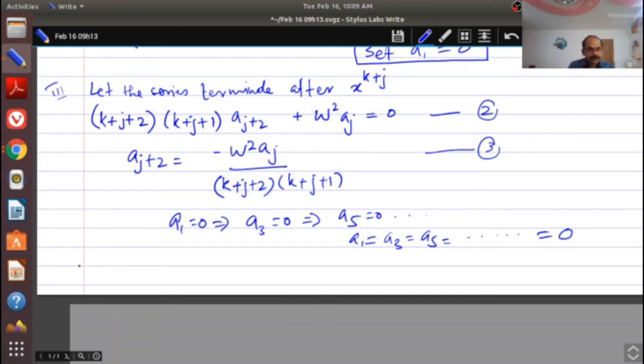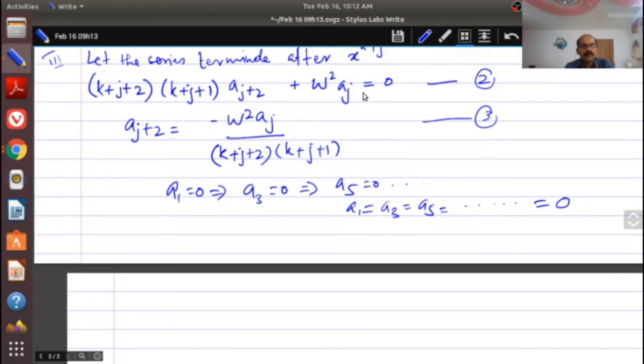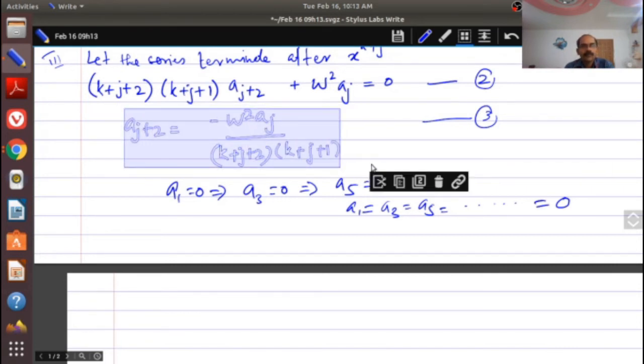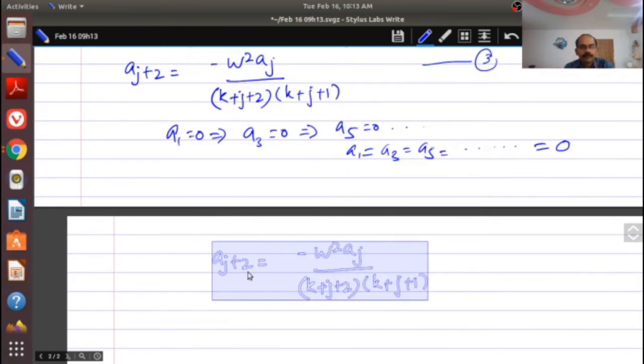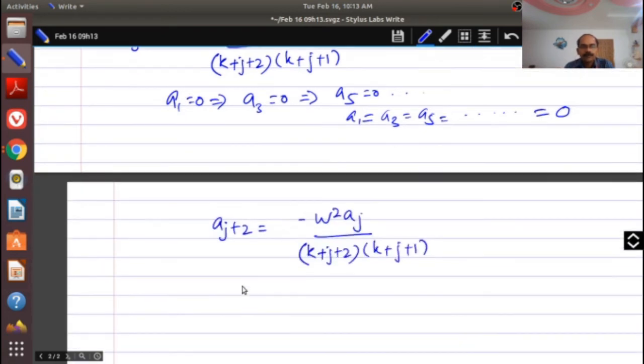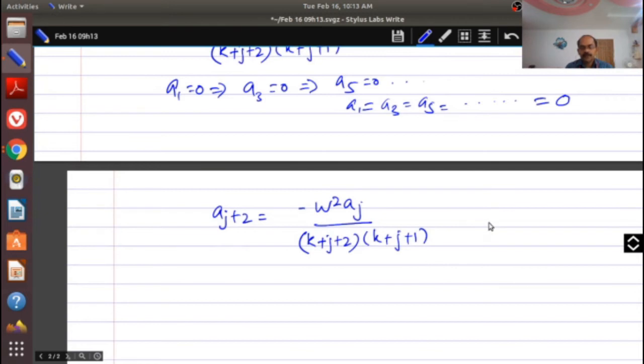Case 1. Remember this equation, okay? I will use this equation. This equation, Control C. Okay, this equation is our equation number 3.